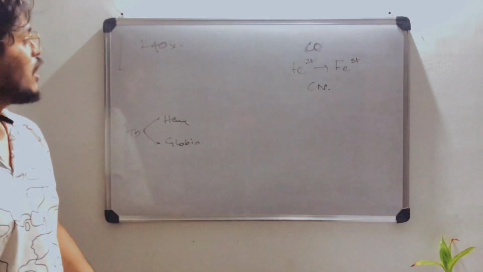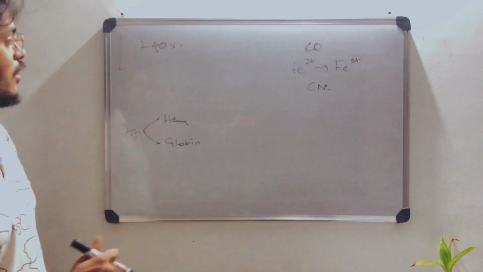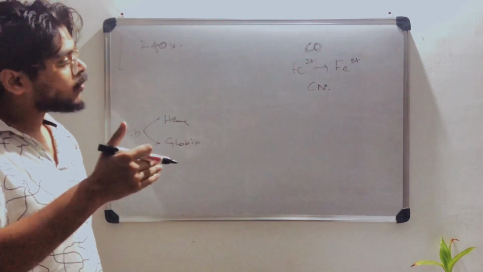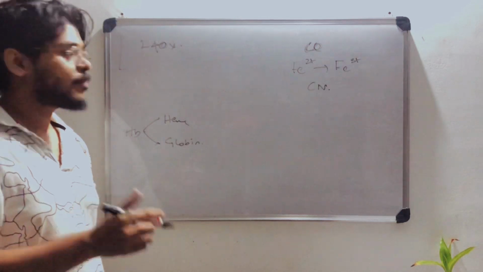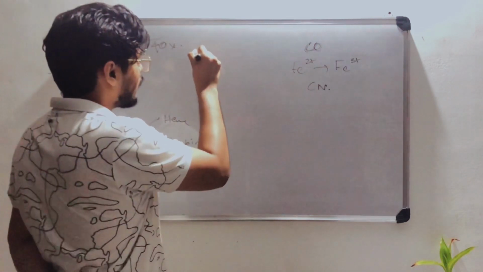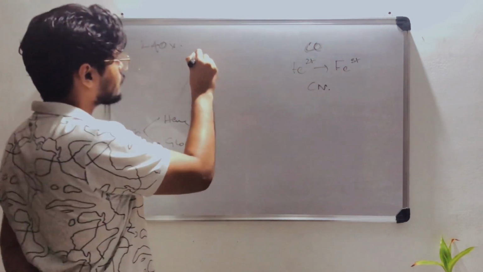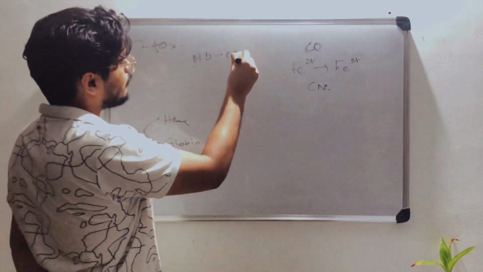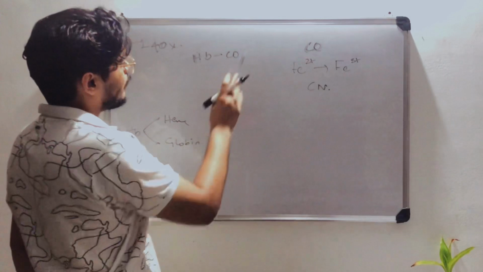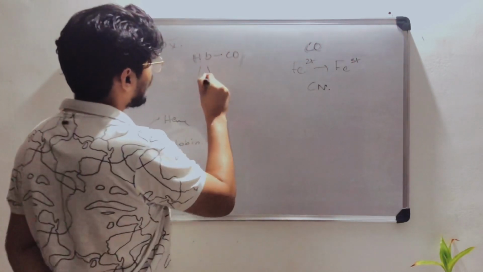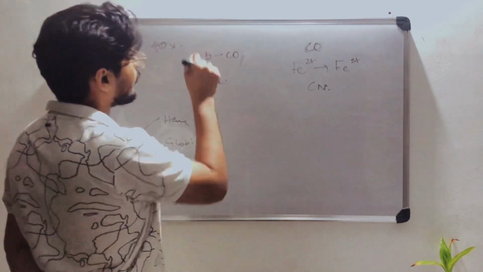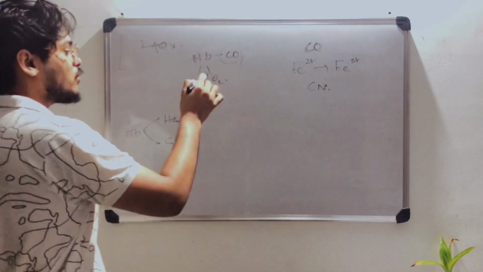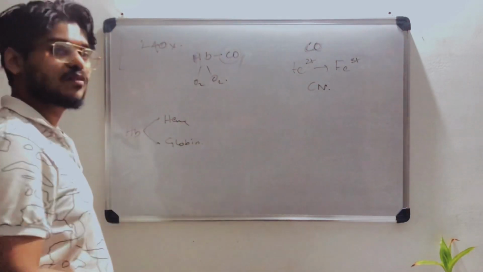So that's there. And the other thing is that carbon monoxide, when bound with hemoglobin, and if there are oxygen molecules on that hemoglobin, this carbon monoxide is not allowing the oxygen molecule to be released.